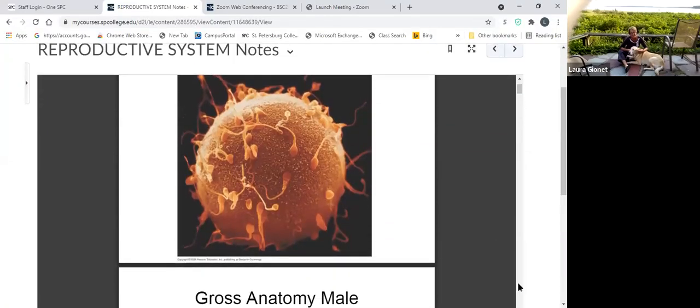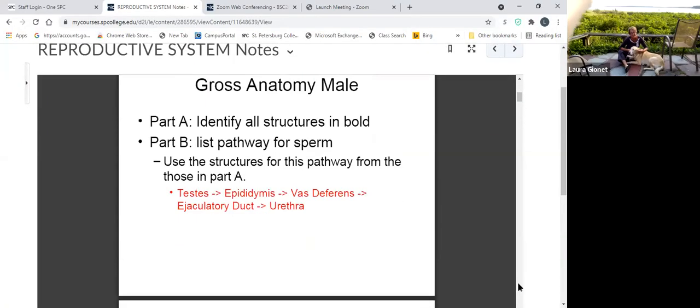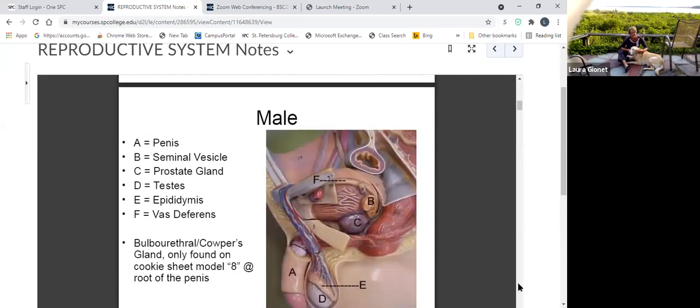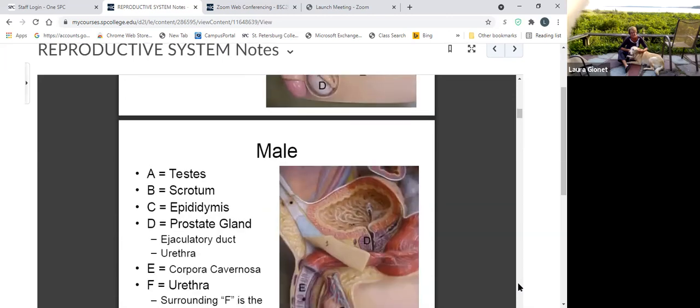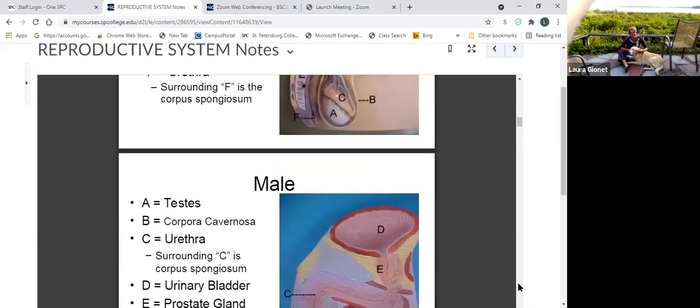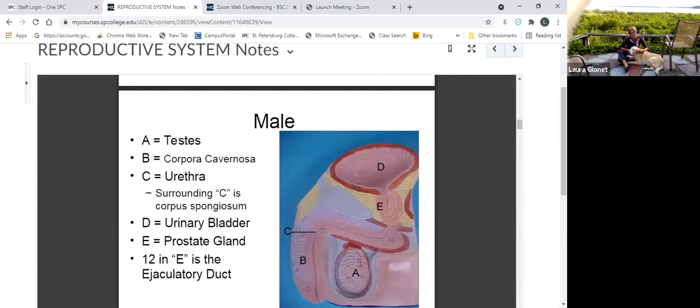Okay, so we look at anatomy of the males. You can read through that. Again, labeling up slightly different types of labels. The other ones had the arrows, but pointing to the same structures. These make good study tools.